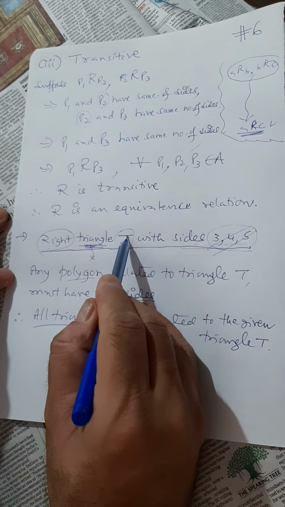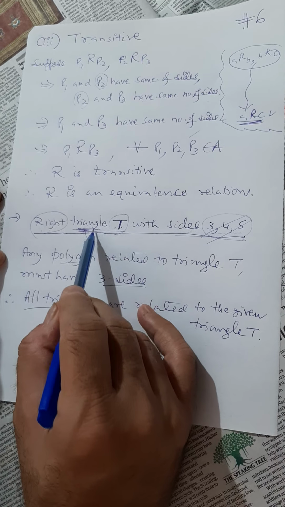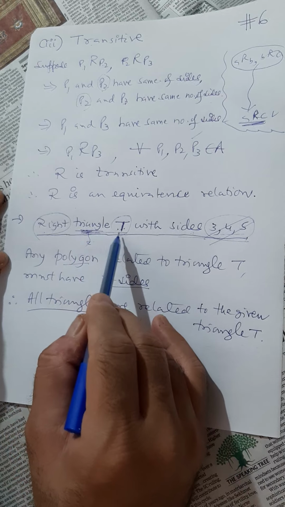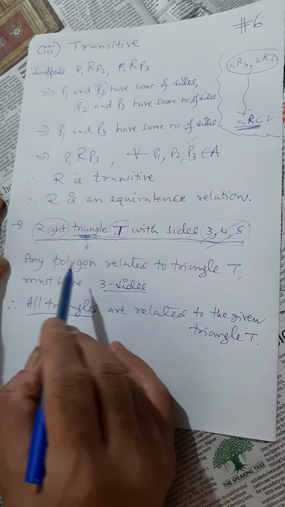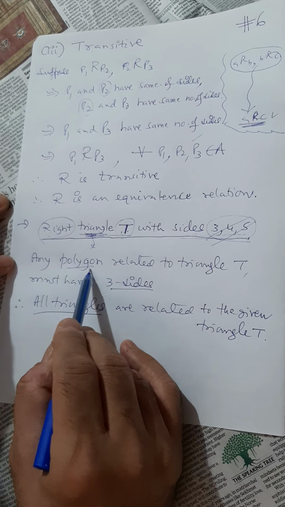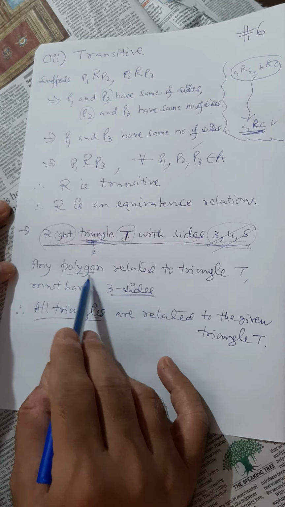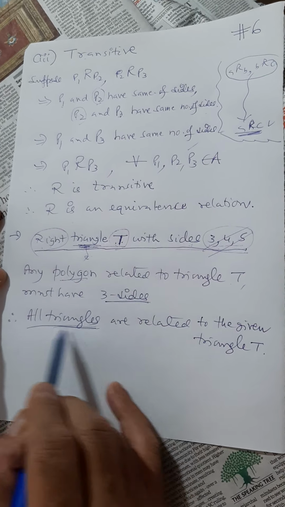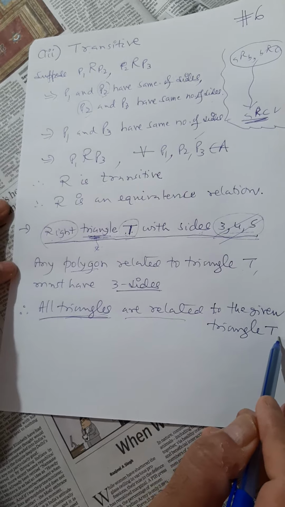Here as per the definition, if any polygon is related to triangle T, then it must have the same number of sides that triangle T has. Now you know any triangle has 3 sides. So every polygon which is related to triangle T must have 3 sides, and polygons with 3 sides represent all triangles. So all triangles are related to the given triangle T.